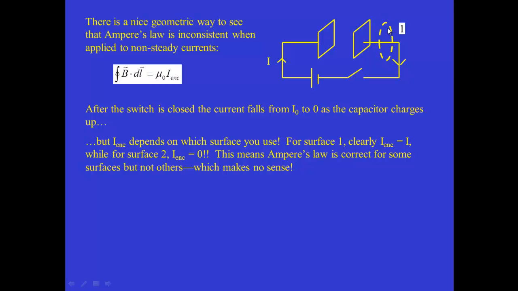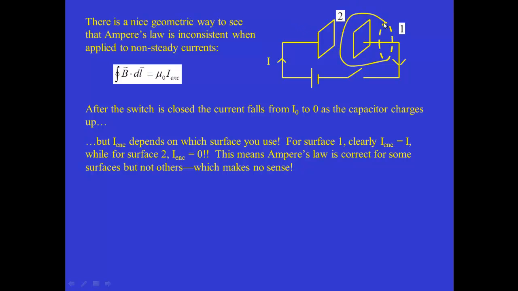If that's the surface we use for determining the enclosed current, then it's easy to see that I enclosed is just whatever the current in the wire is.